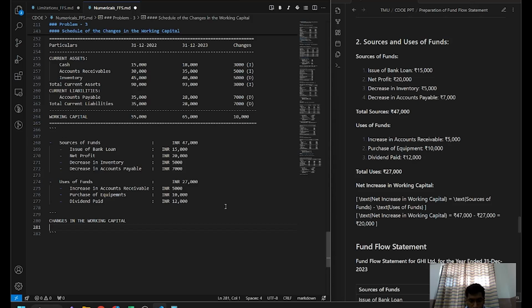That is equal to sources of funds minus uses of funds.